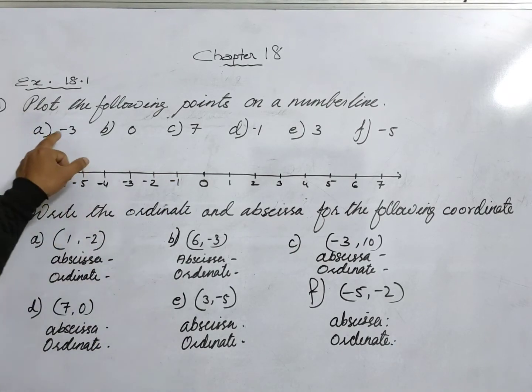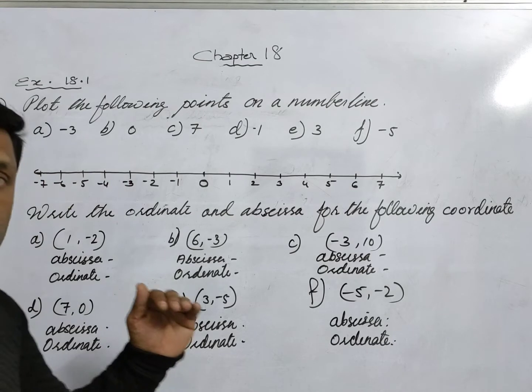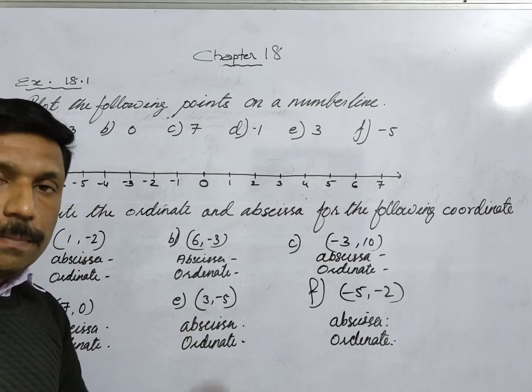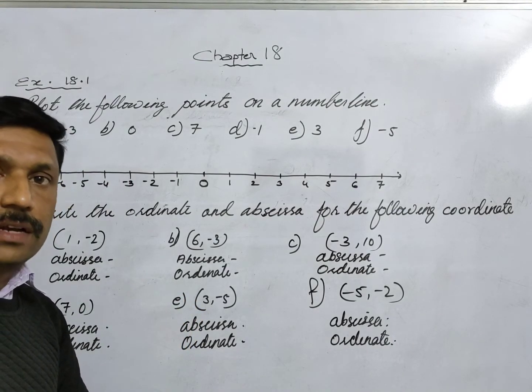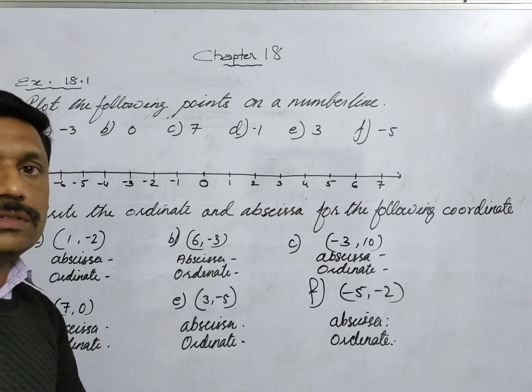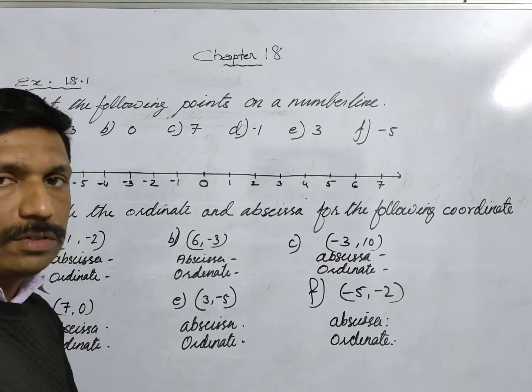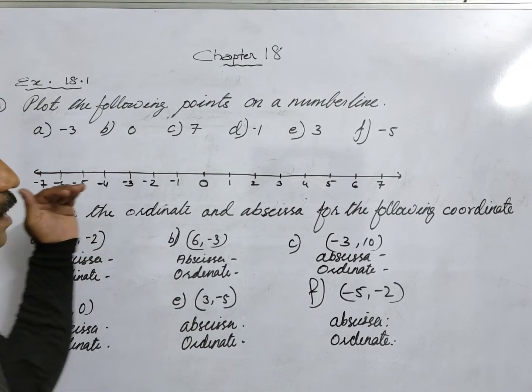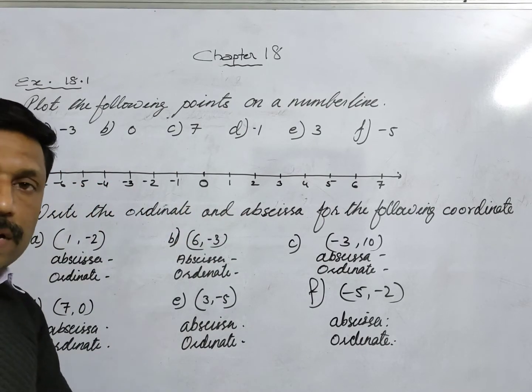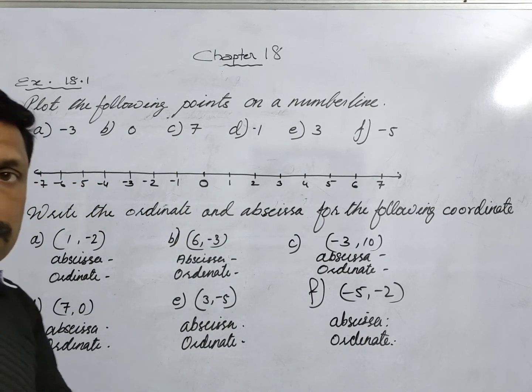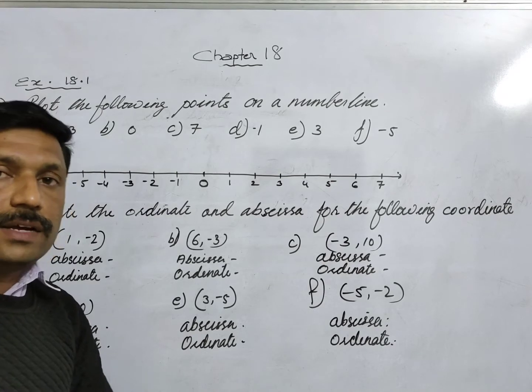Now you want to plot. After writing that, all the points you have to make by pencil, and also use a scale to draw the straight line. Don't draw freehand lines without using scale. So use a ruler and make a straight line, and also use pencil to draw every graph.